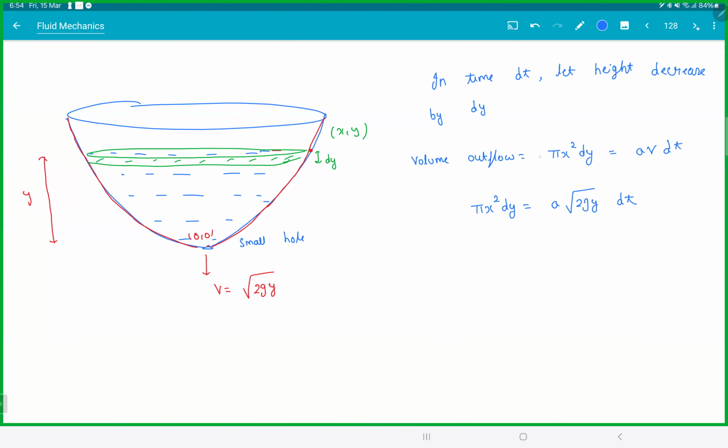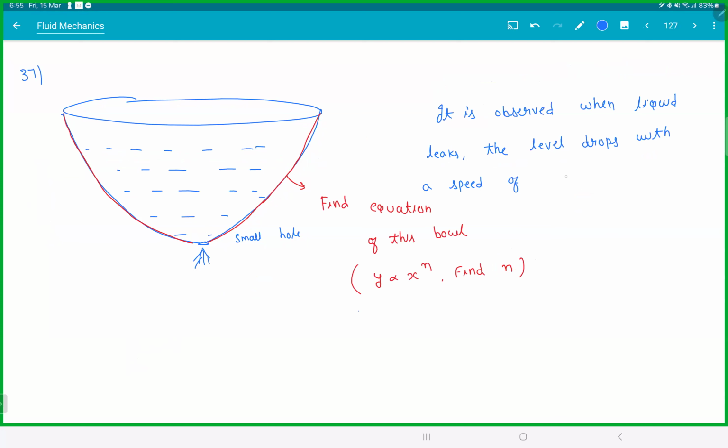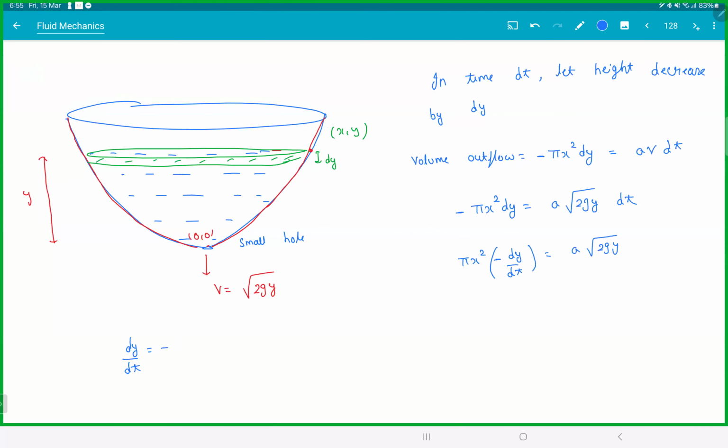You can take a minus sign because it is decreasing. Then this will be pi x square times minus dy by dt is equal to a into root 2 gy. But dy by dt is nothing but minus u. Let's take the speed of the liquid to be u, since I am already using v as a symbol. Minus u. Why minus u? Since y is decreasing.